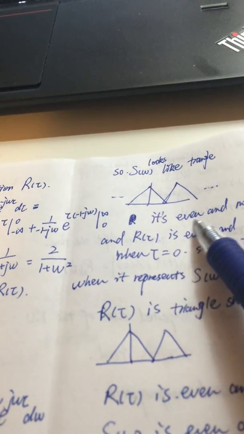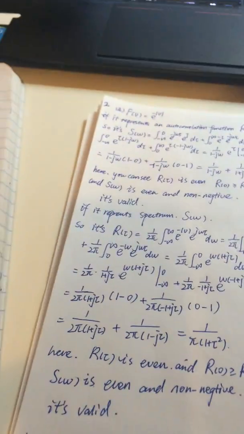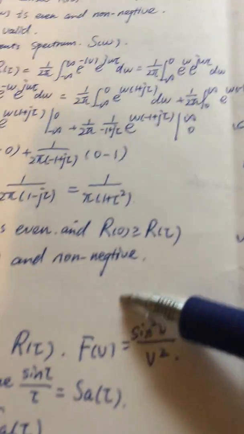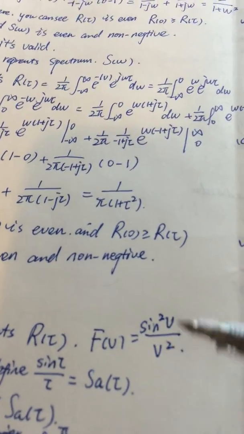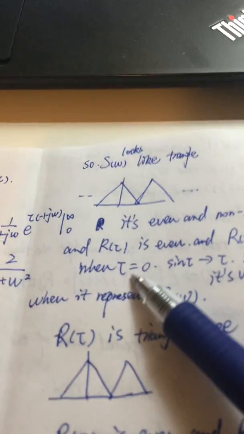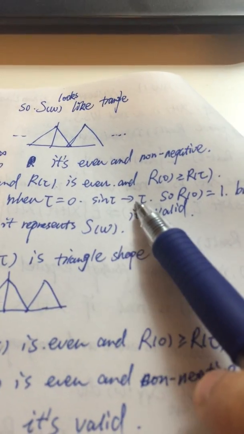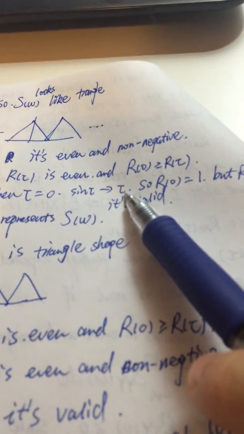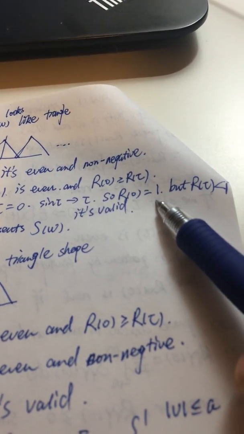So I see it is even and non-negative. Also from this, we can see it is even. And when tau equals 0, it is the largest one. Why? When tau goes to 0, sin(tau) is close to tau, and so R(0) equals 1.